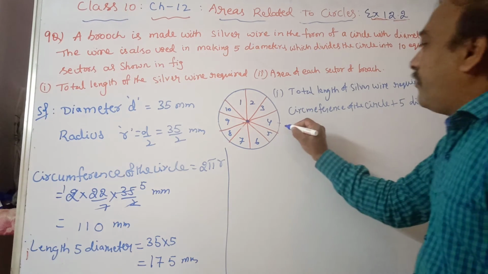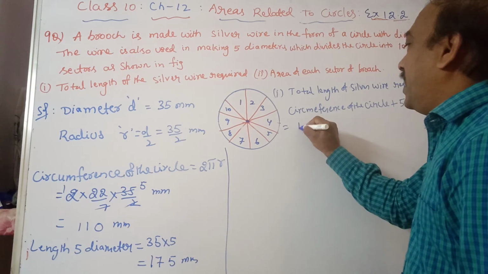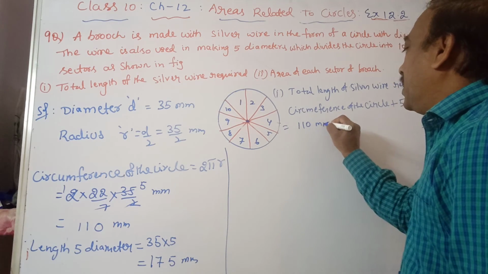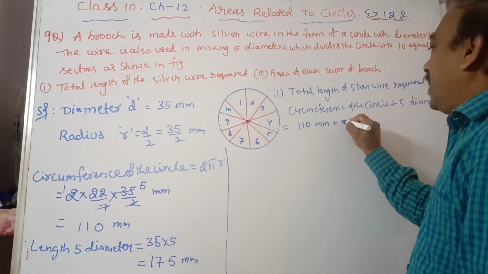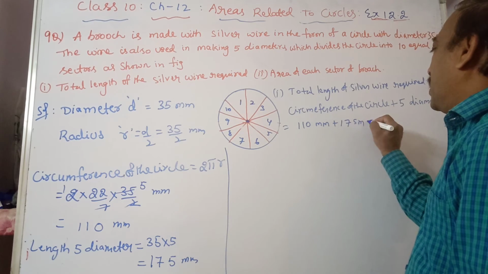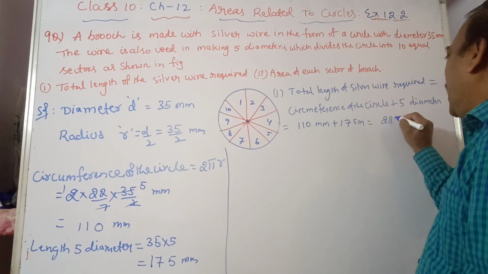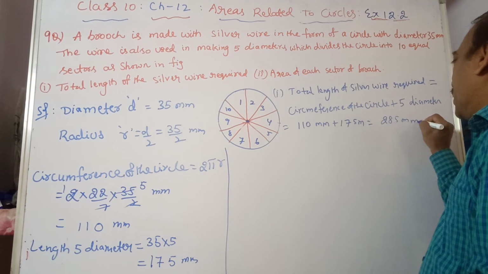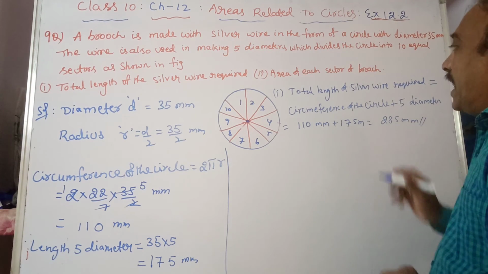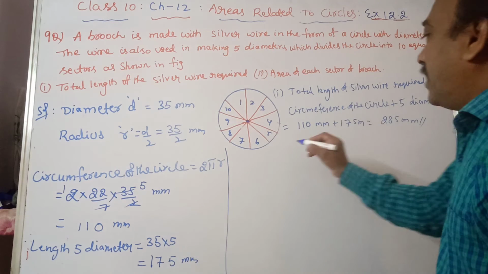Okay, so circumference of the circle we got as 110 millimeters plus 175 millimeters, which is equal to 285 millimeters. This is the total length of silver wire.